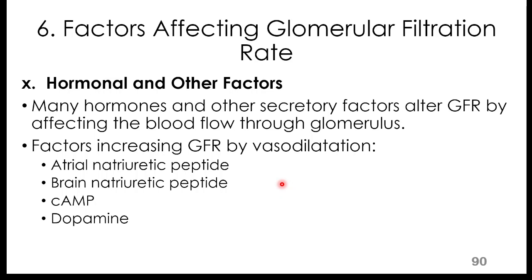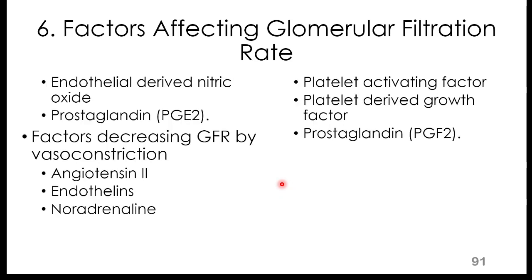There are some that increase the rate by vasodilation, such as atrial and brain natriuretic peptide, cyclic AMP, dopamine, prostaglandin E2. There are also other factors that decrease GFR by vasoconstriction, such as angiotensin 2, noradrenaline, platelet activating factor, prostaglandin F2, and so on.